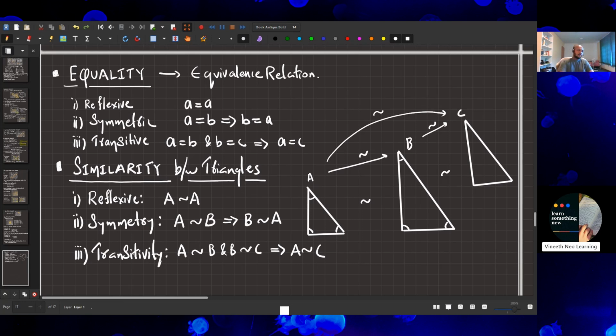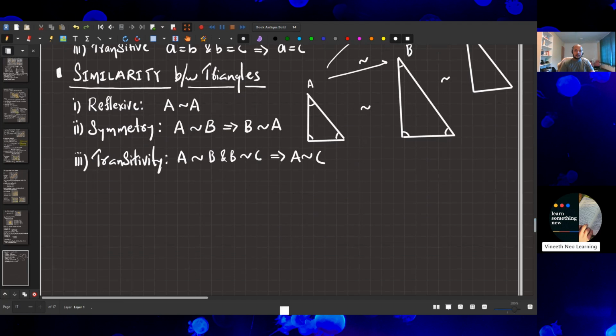We are only considering equality between angles, or similarity. Then in that context, similarity is sort of like an equality. It's actually a tricky thing to understand.